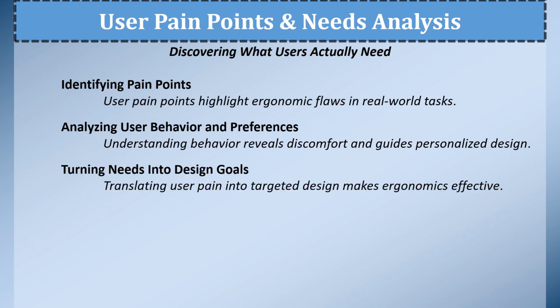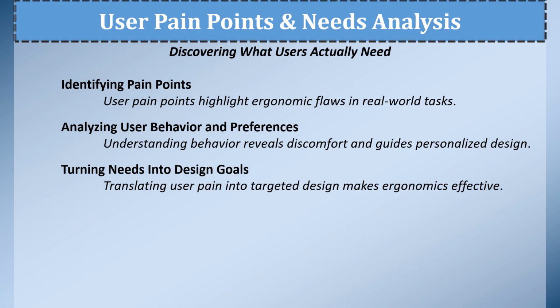Turning needs into design goals. Once problems and preferences are identified, they must be translated into actionable design criteria. For instance, if several users report back pain, the solution may involve an adjustable chair or monitor stands.